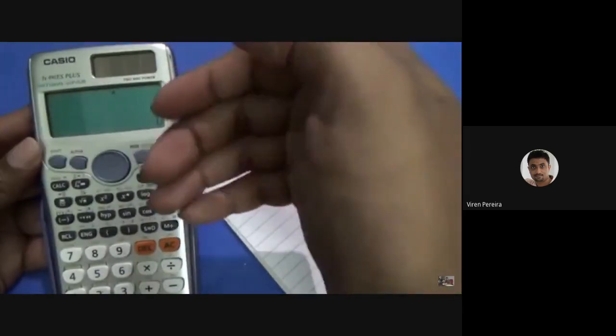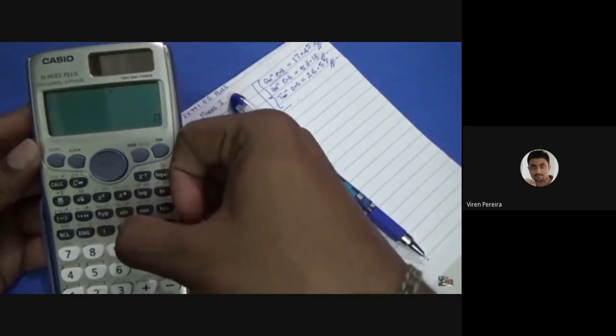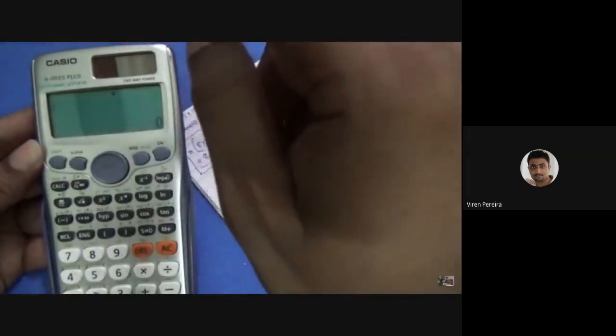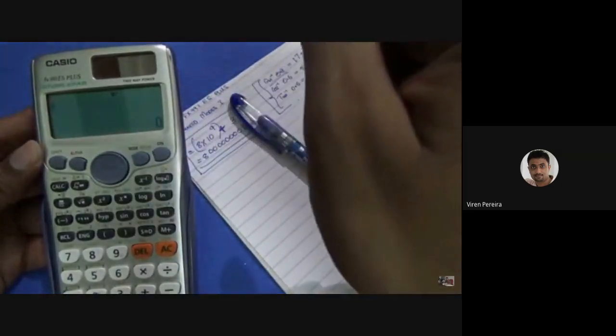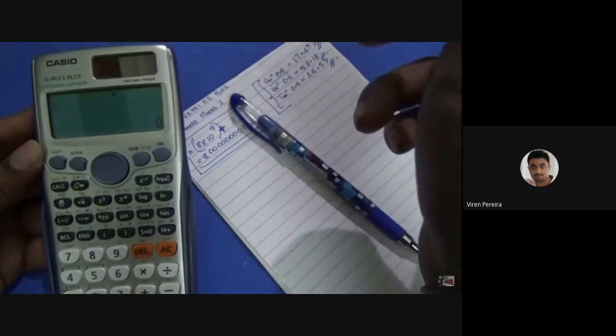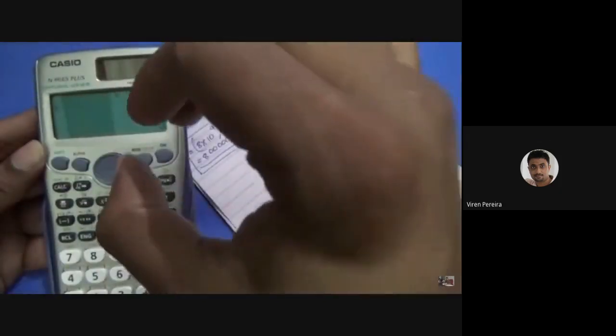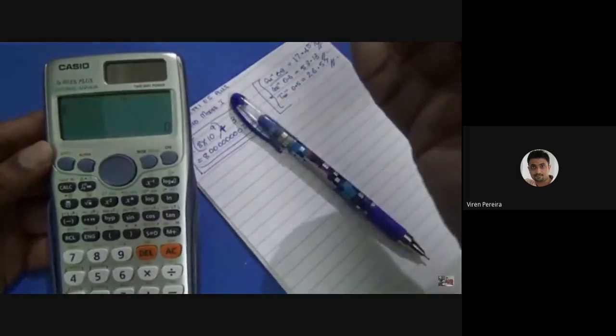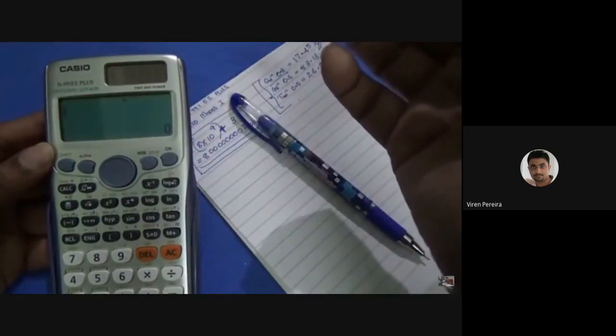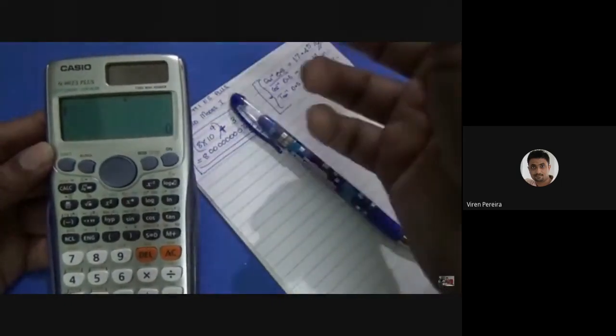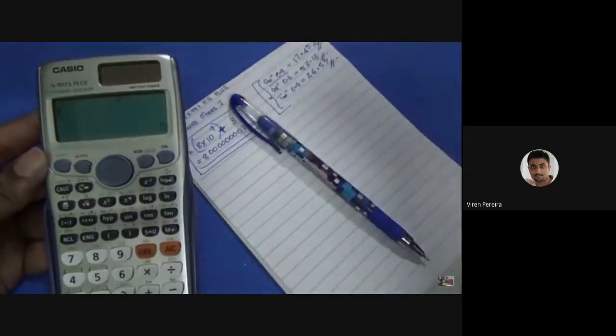Now I would prefer not going with the mathematical mode because I like to use the brackets more rather than your setup function which you had seen earlier, that is A into B divided by C or D divided by C. Instead of using that, I would prefer using the brackets because it makes it much simpler and more user friendly.